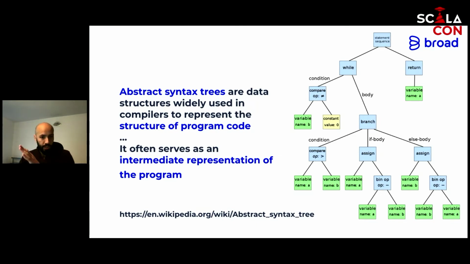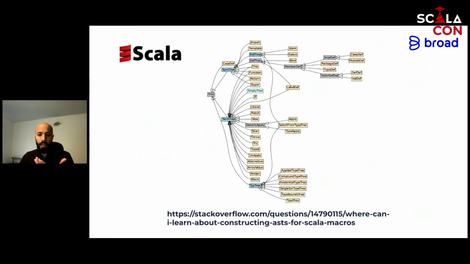This is just a generic example of what you can see in this slide, but even the Scala language has its own AST. This is a semi-complete Scala language AST, and you can see that yourself, if you want.